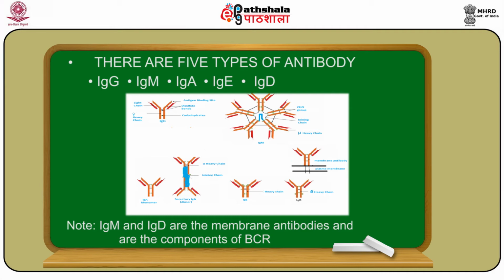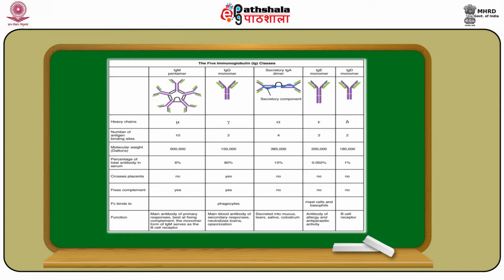Let us study why we have 5 types of antibody. The 5 isotypes of antibody have different properties and functions as studied from the given table. They are named based on the heavy chain type, that is mu, gamma, epsilon, delta and alpha.